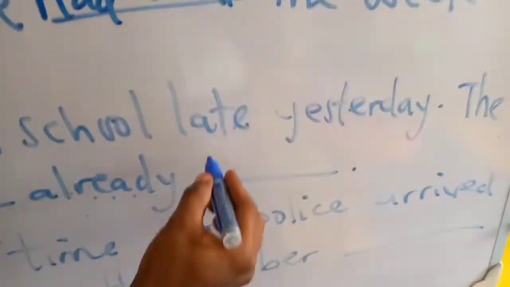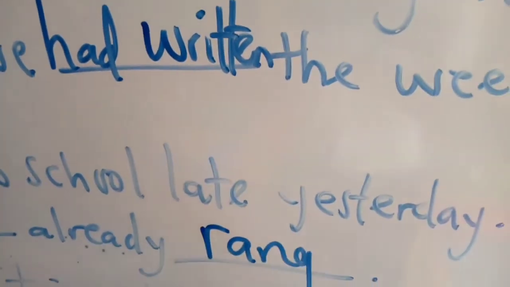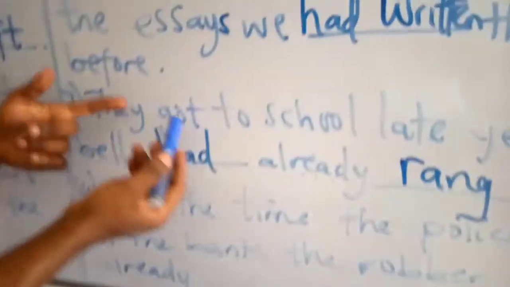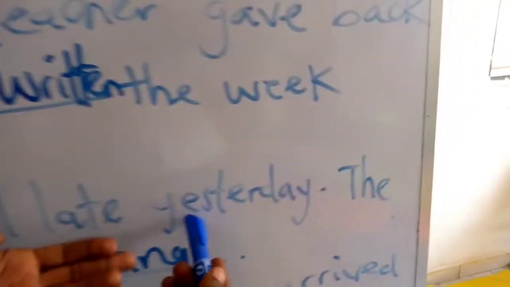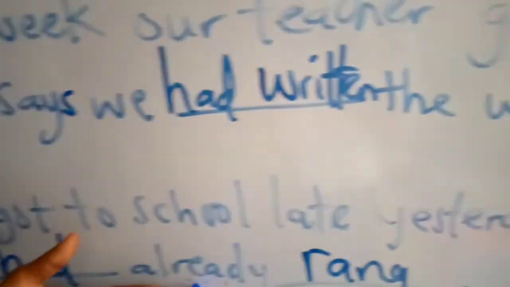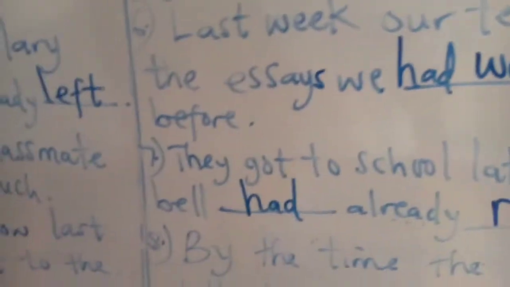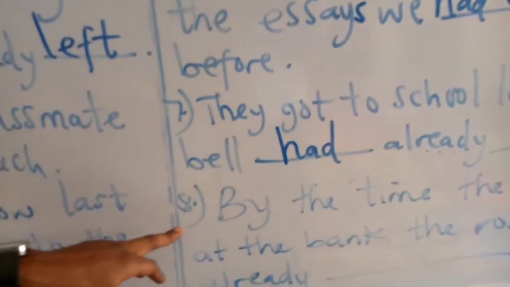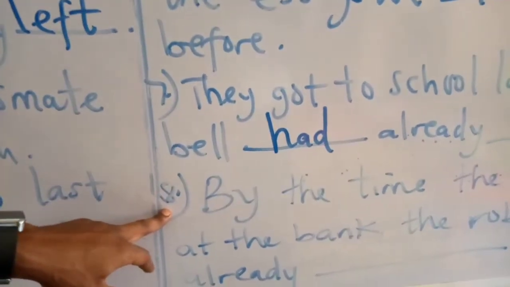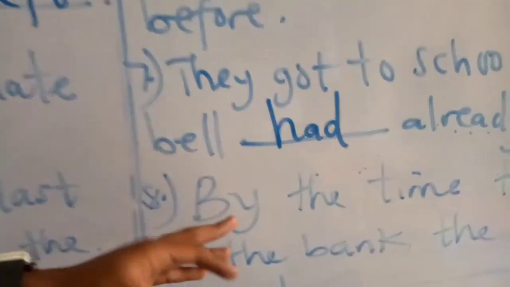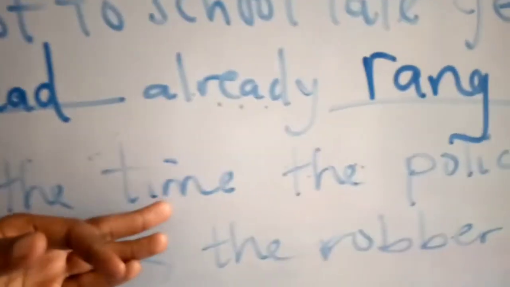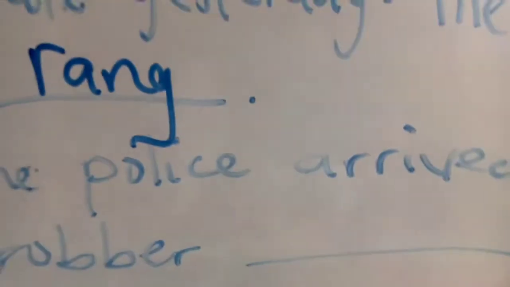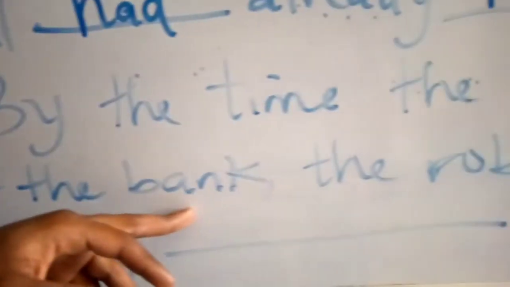Had already rang. They got to school late yesterday. The bell had already rang. Can you see that? All right, let's look at number 8. By the time the police arrived at the bank, the robber already dash.